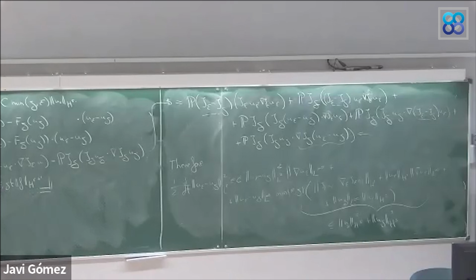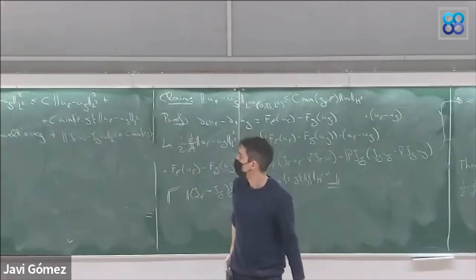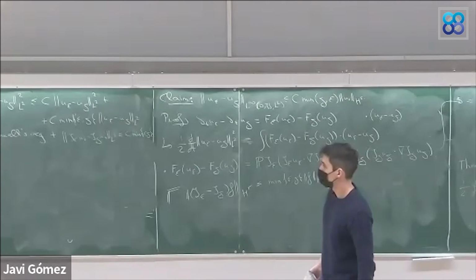For the initial data, we also have an epsilon and a delta, so all the terms are small. So we conclude that it's Cauchy.